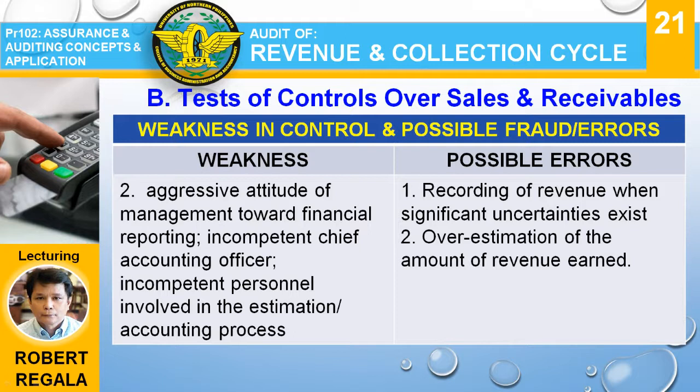These weaknesses might lead to recording revenue when significant uncertainties exist, such as when the customer's payment is contingent upon the customer receiving financing or selling the goods to another party, for example, in a consignment sale. Another result might be the overestimation of revenue earned, such as when overestimating the percentage of completion on projects by a construction company using the percentage of completion method of revenue recognition.